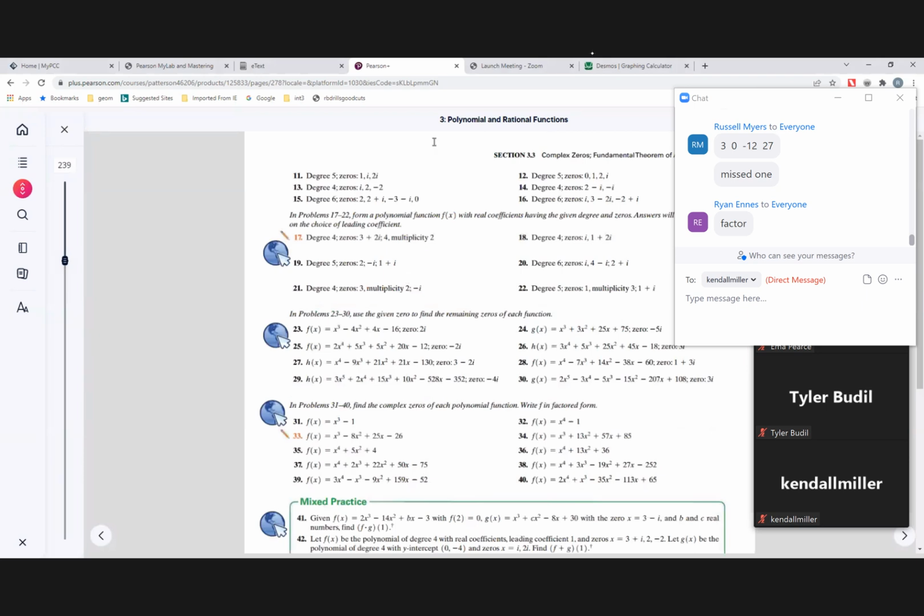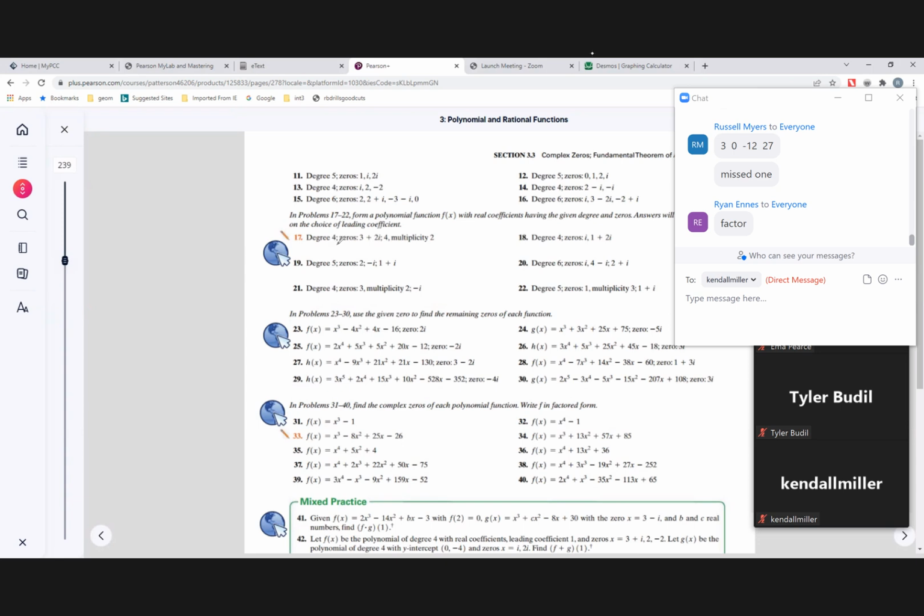All right. I'm going to keep going through here. 17 through 20. So it says, form a polynomial with real coefficients having the given degree and zeros. Answers will vary depending on your coefficients. So here's a situation where you're going to write these in factored form. It doesn't specify which way to write it.